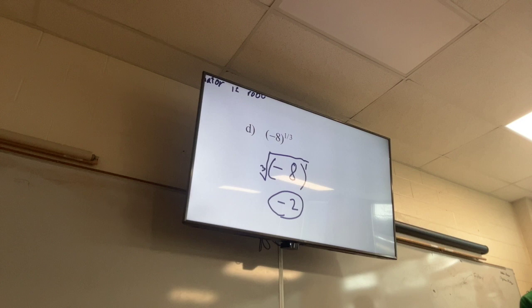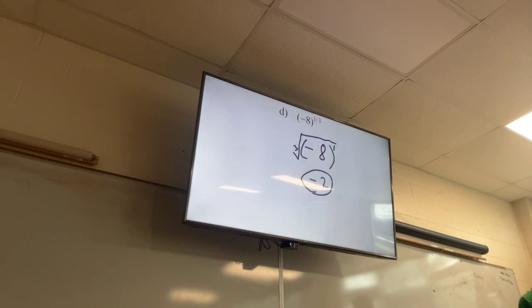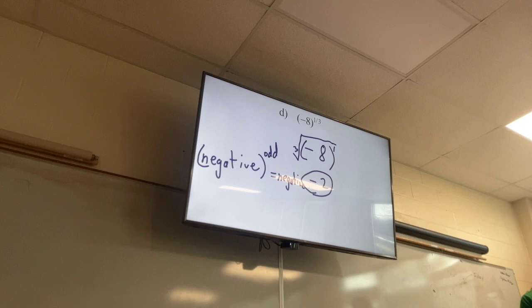So in general, if you have a negative number and you raise it or root it by an odd number, that's going to give you another negative. If you take a negative number and you root it to an even number, that's going to be no solution.